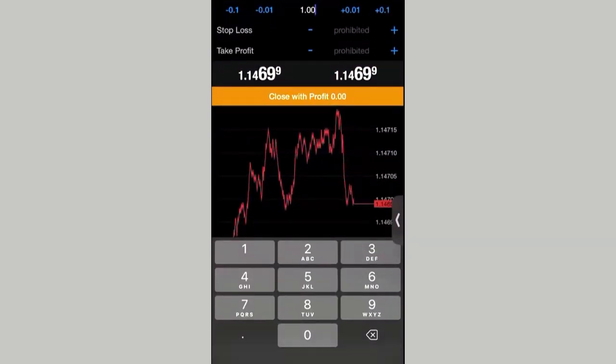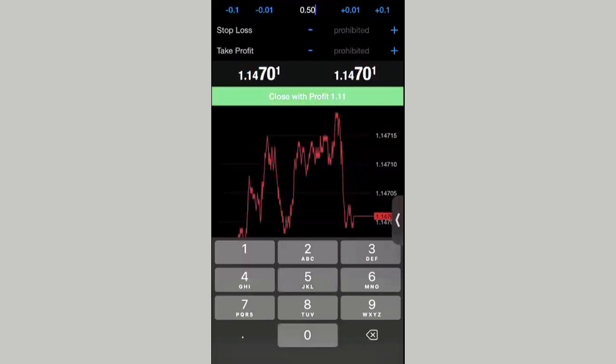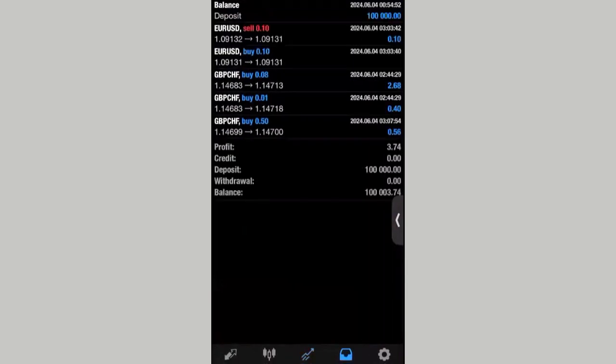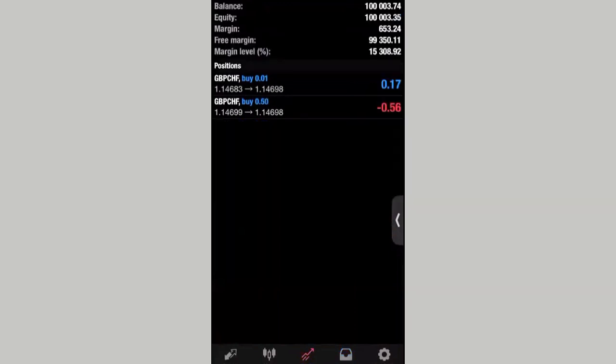If I want to close half of it, it'll be 0.50. And then I'll click close with profit right there. So now what's left in here is 0.50. And then when I go to my history, what I closed was 0.50. So now what I have running is just half of my position that I had earlier.